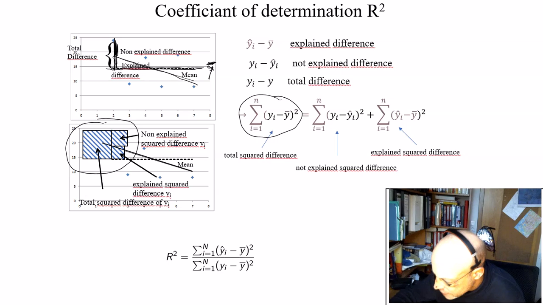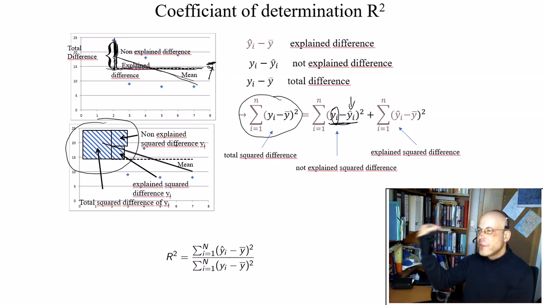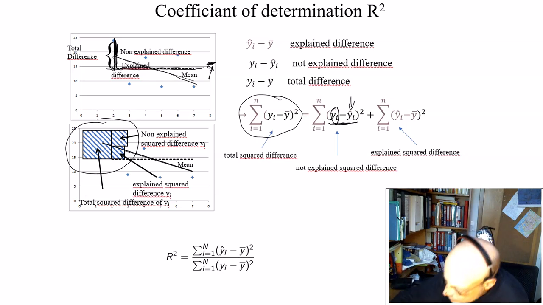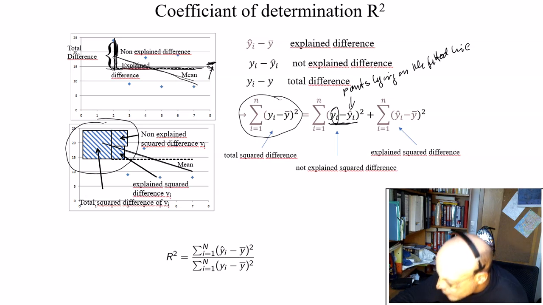The first sum is the squared distance between our data point and our hypothetical point lying on the fitted line. So these are the points lying on the fitted line.